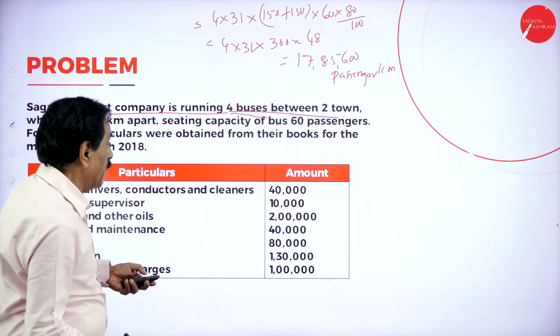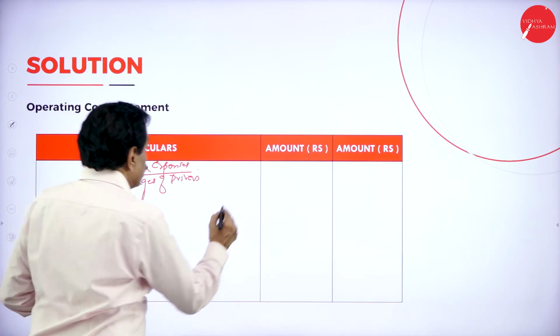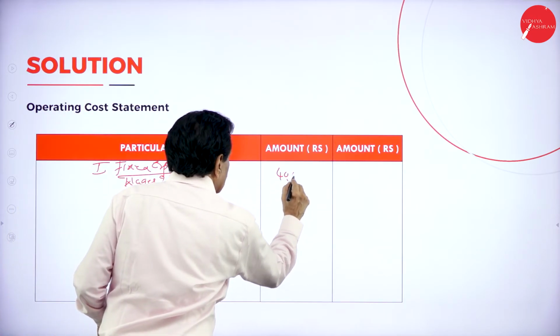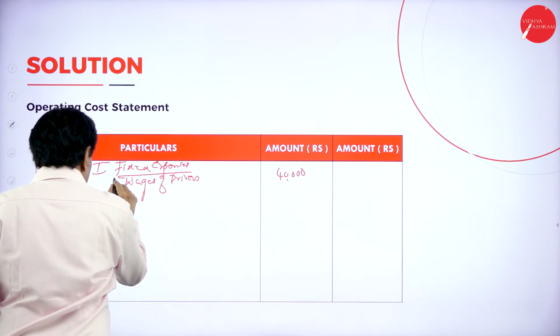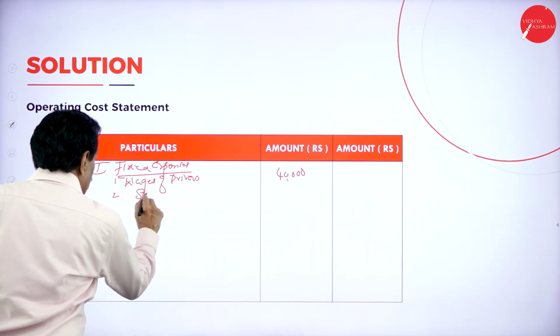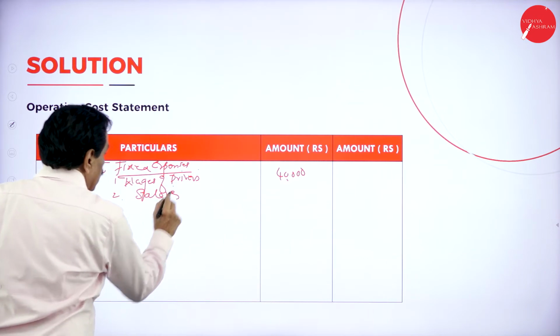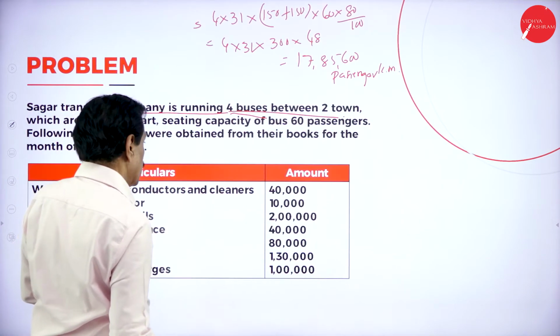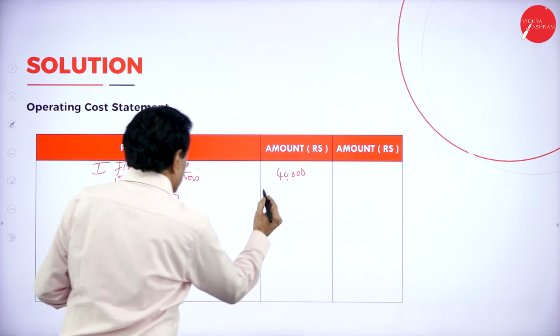Wages of drivers will come 40,000. Number 2, salaries. Salaries will come 10,000.